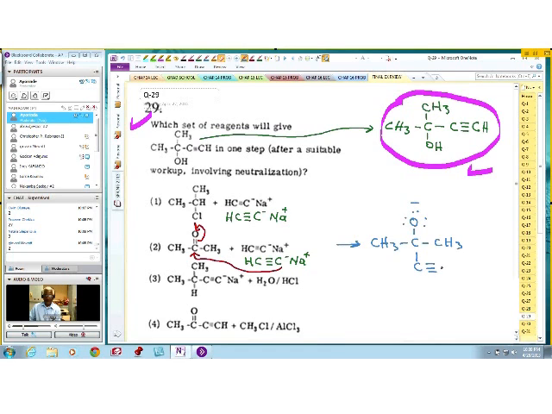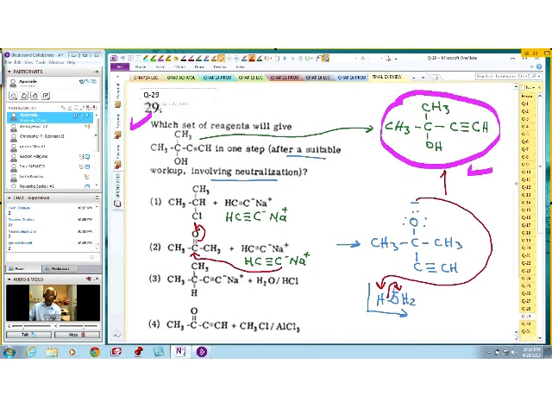And then you have this here. And then once you add the acid to this, that is what they mean by a suitable workup involving neutralization, because you are adding acid to this, and so you now get this. Hydronium ion comes here, abstract the proton from hydronium ion, and then you get your product.